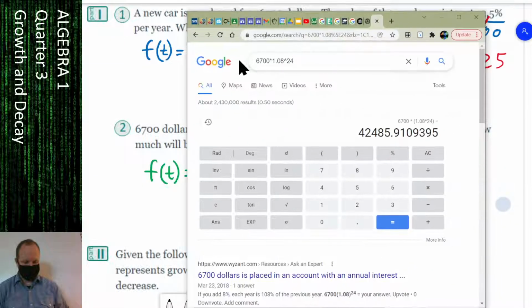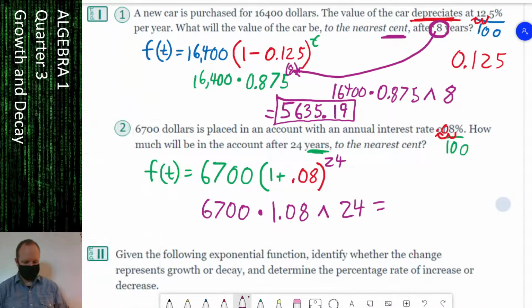I didn't put any parentheses around anything, but it took that 1.08 and raised it to the 24th power, and only then multiplied by the 6,700, and that would give us 42,485.91, with a 0 behind it, so we'll keep it rounded down to 91.